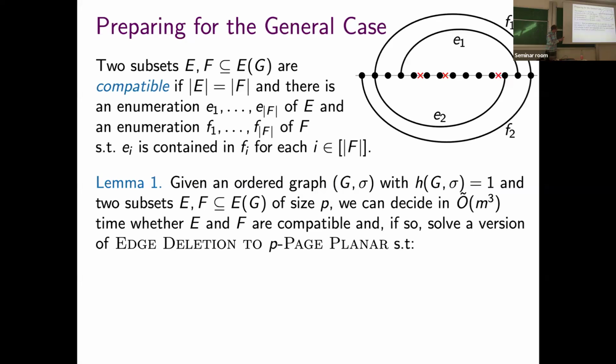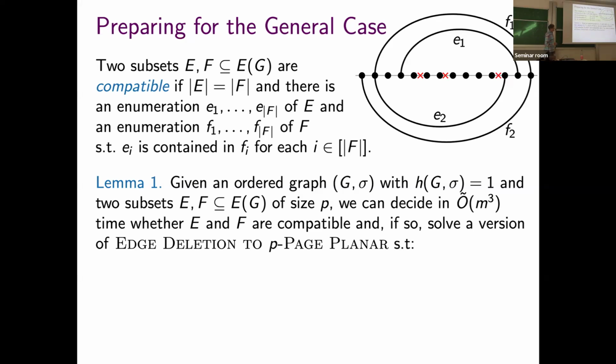We are still in the hitting set of size 1 case, but now we want to solve a variant of our problem. The variant is that we are additionally given two subsets of edges, of size P, as many as we have pages.